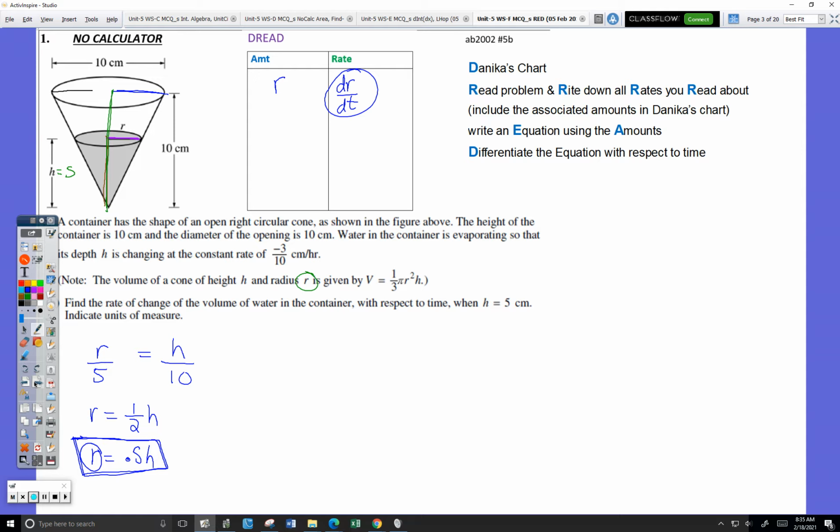So right here I have an equation for r, which means if I take that equation and I apply the derivative operator to both halves of that equation, so I go d/dt of r, and I go d/dt of 0.5h.